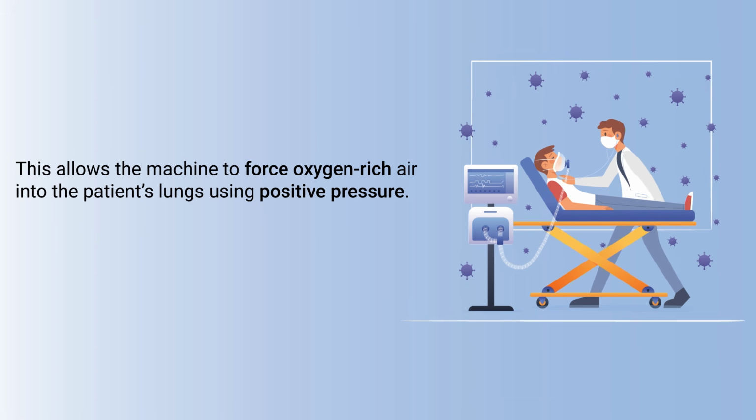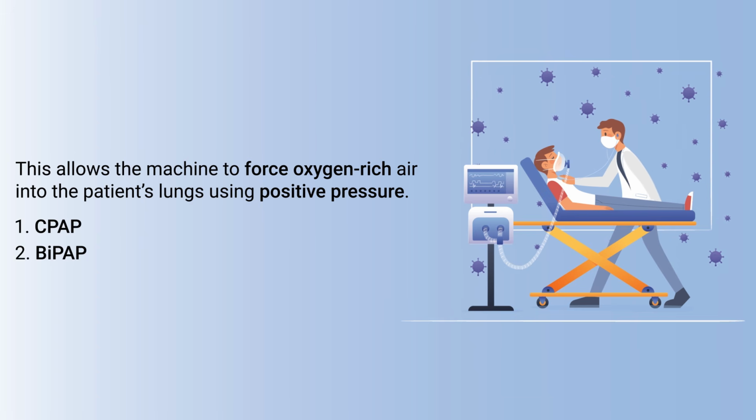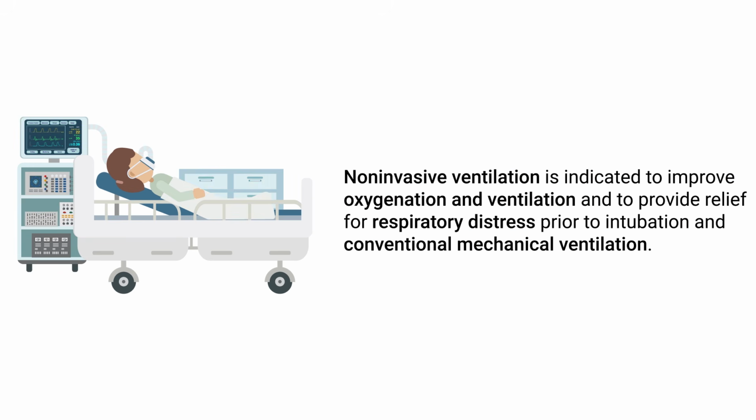The two primary types of non-invasive ventilation include CPAP and BiPAP, which we will talk more about later on in this video. But in general, non-invasive ventilation is indicated to improve oxygenation and ventilation and to provide relief for respiratory distress prior to intubation and conventional mechanical ventilation.